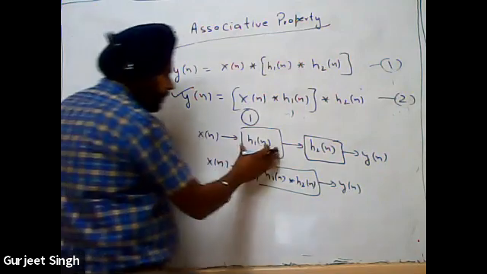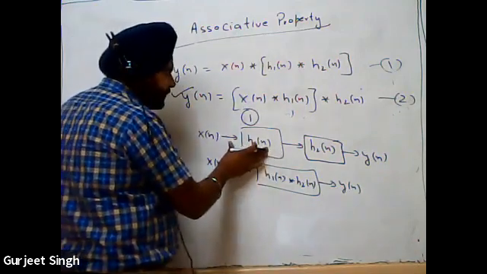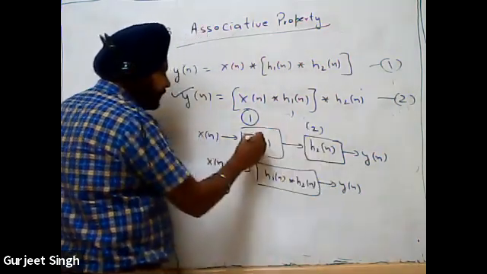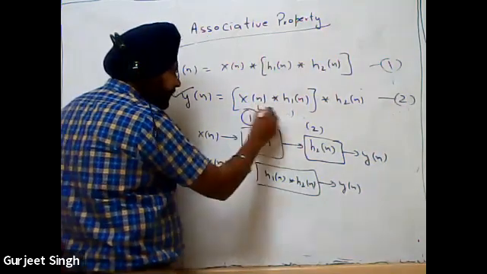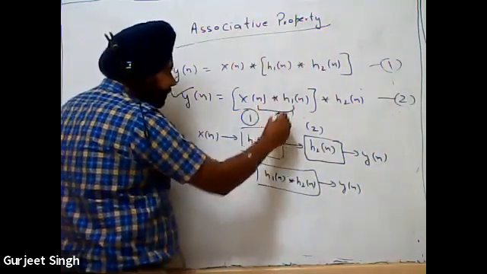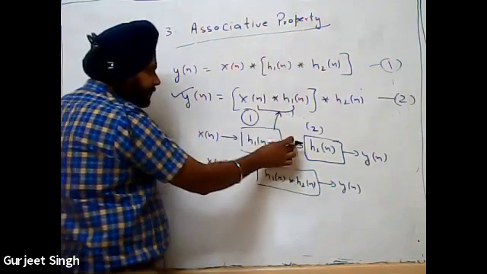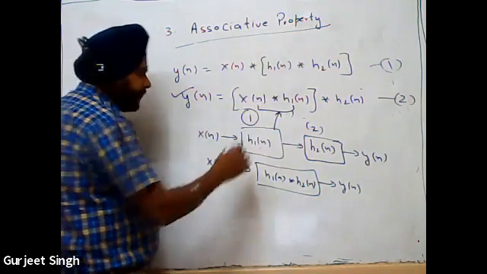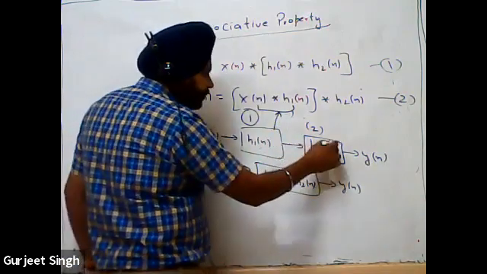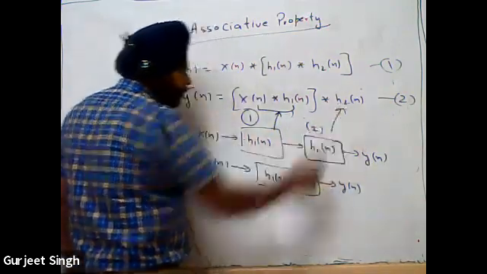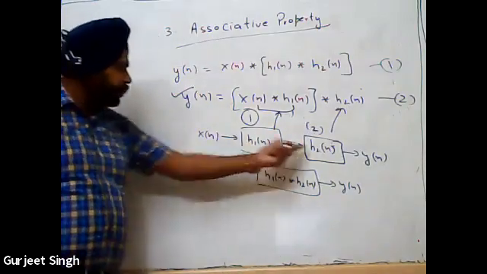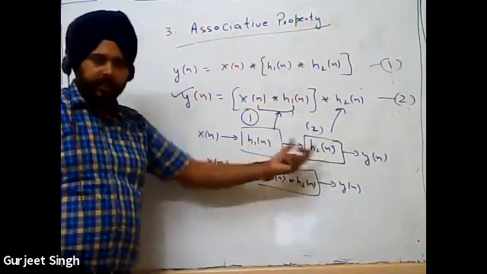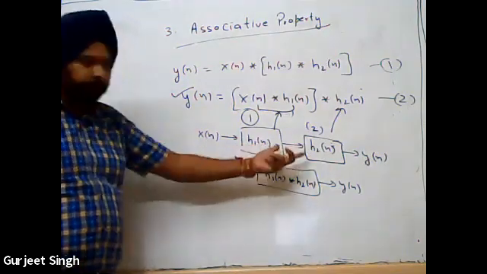Then the output of this system, call it x1, is convolved with the second system, h2[n]. So it is a cascade of two systems, meaning the input is given to the first system, and then its output is given to the second system.